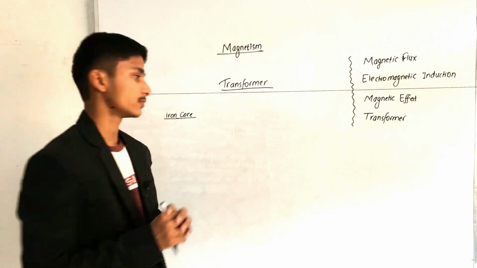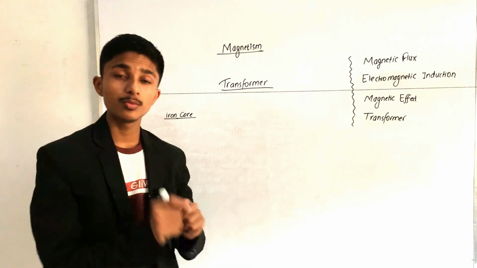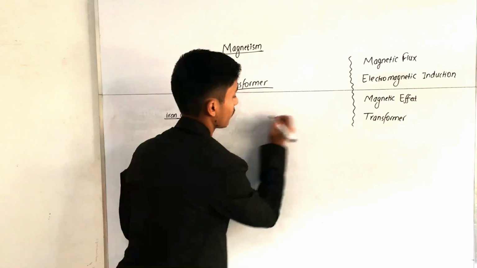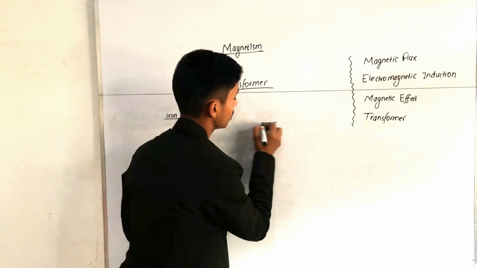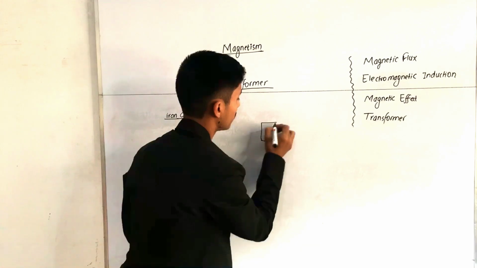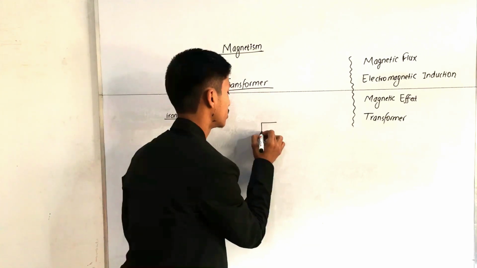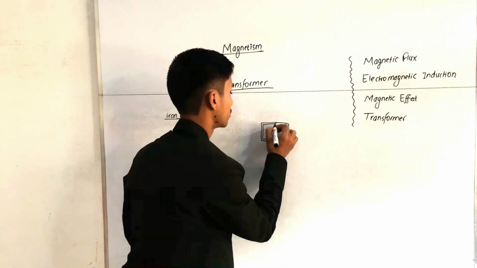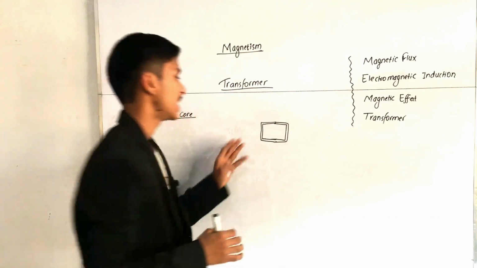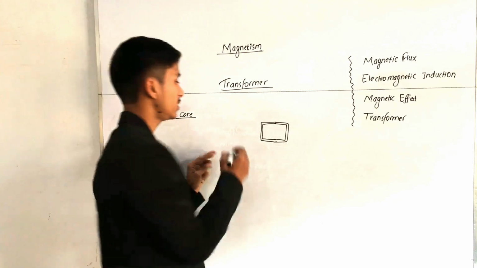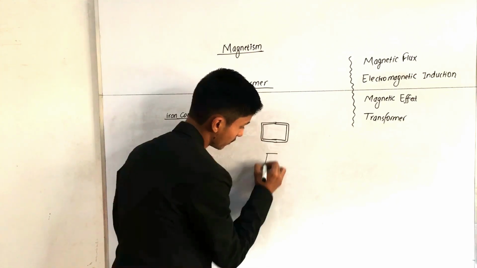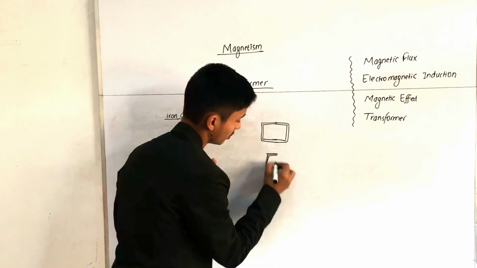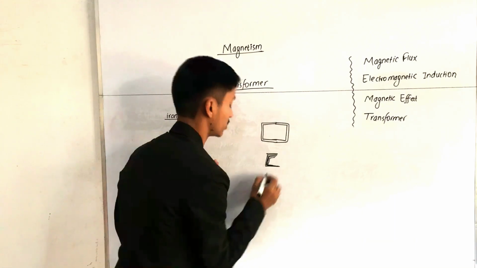You may have seen that when you see a transformer, it is made of several E shapes like this, many E slots of iron, many E's overlapped one after another.